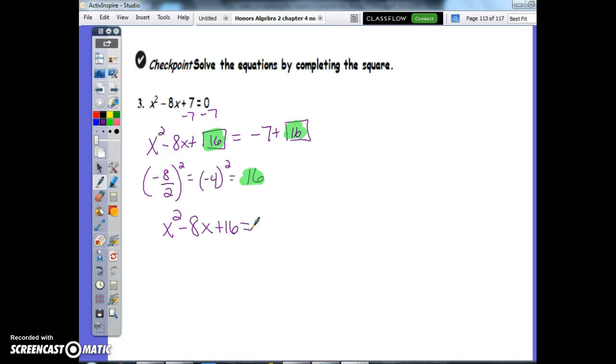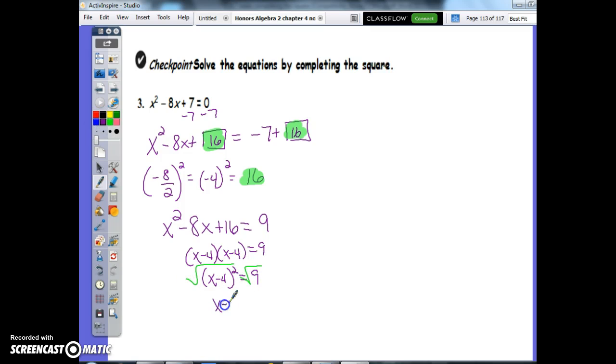That's going to give me a 9. So write down your 9. And then this is a perfect trinomial square. It's x minus 4 times x minus 4. It equals 9. Again, it's x minus 4, two of them, so it is squared. Now, we're going to square root both sides.